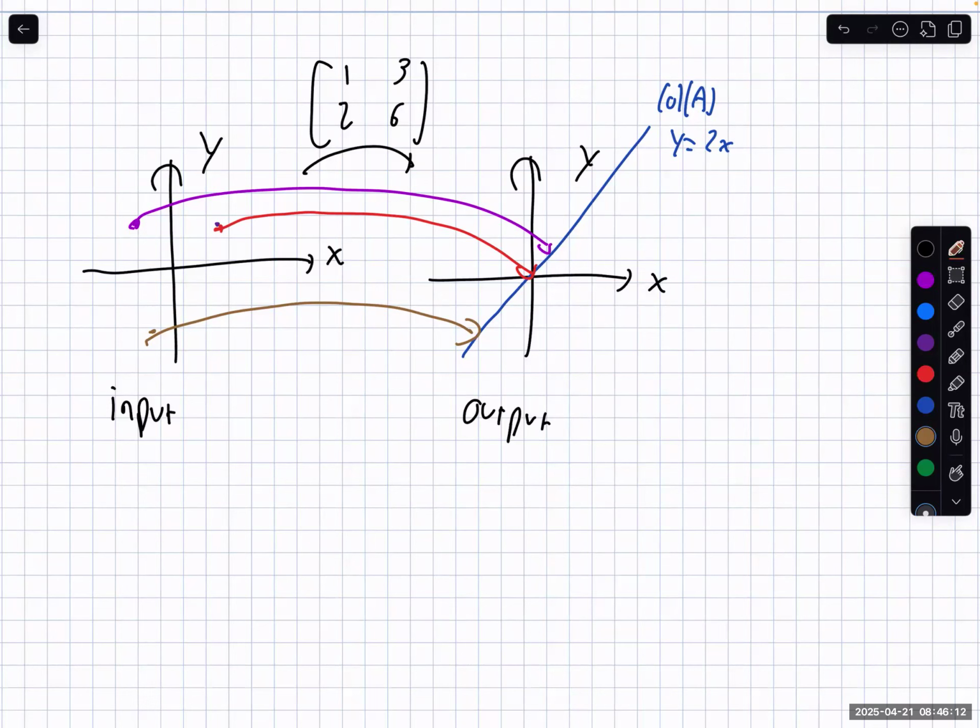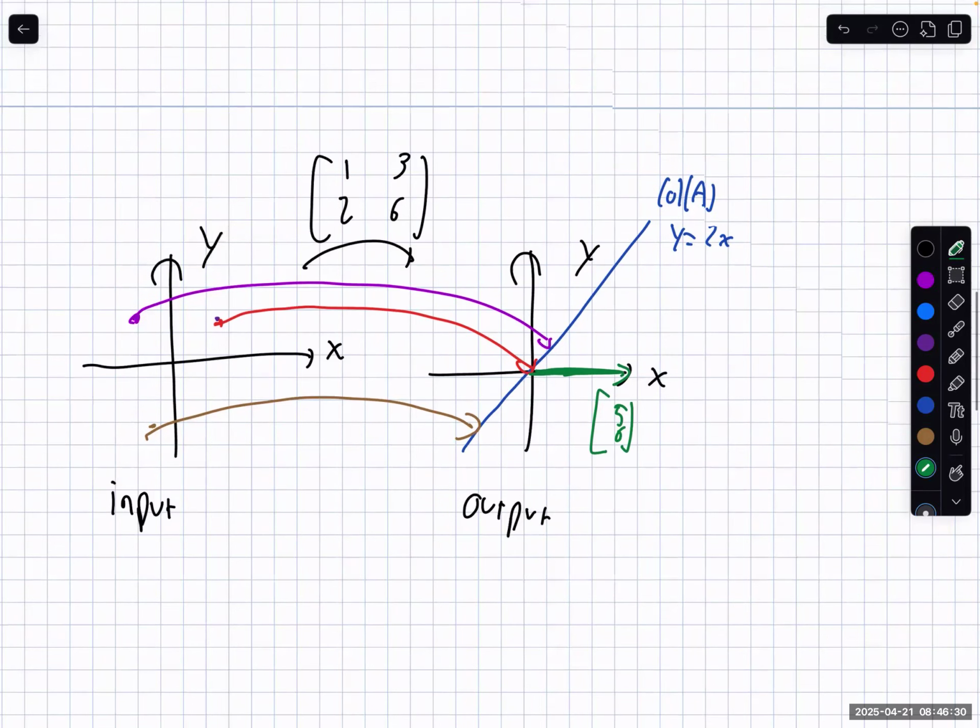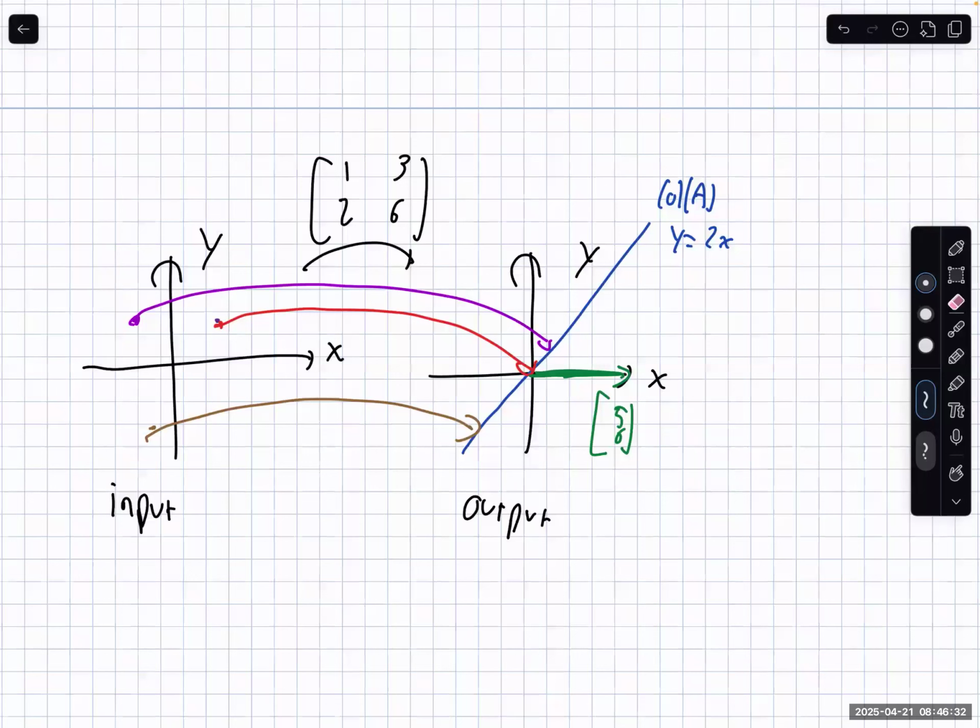And sadly, (5, 0) is over here outside of the column space. So one way of saying that this system doesn't have a solution is that the output we're trying to get is not in the column space of the matrix.